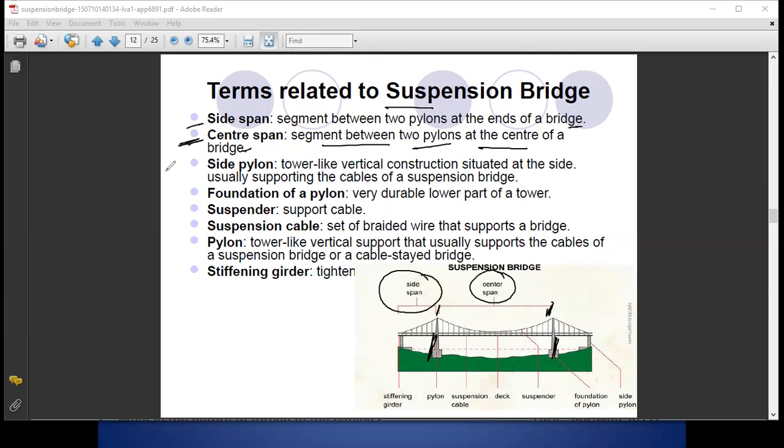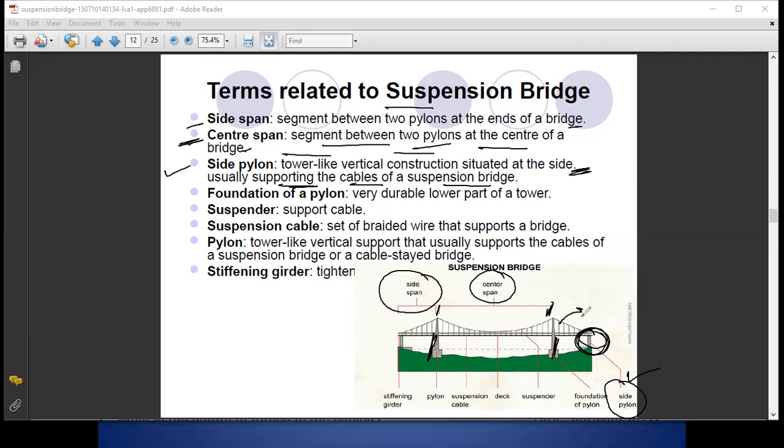The next is a side pylon. At the end of the bridge, this is called a side pylon. So towers, like vertical construction, situated at the side and which is usually supporting the cables of the suspension bridge.